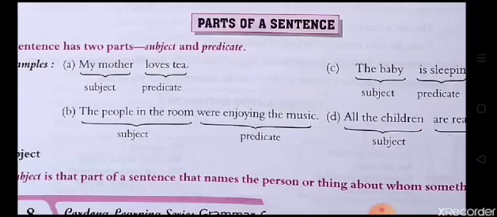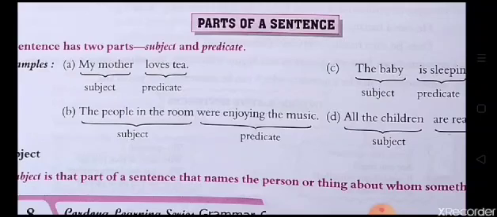When we ask who stood at the gate, the answer is the man. This is the subject. The rest of the sentence is the predicate. Here the predicate is stood at the gate.